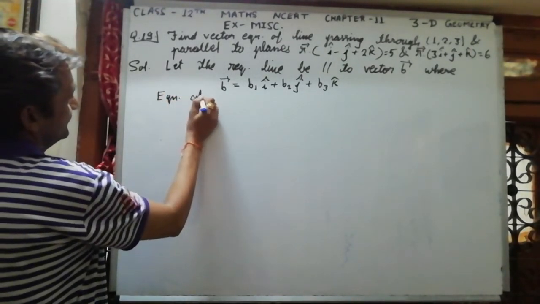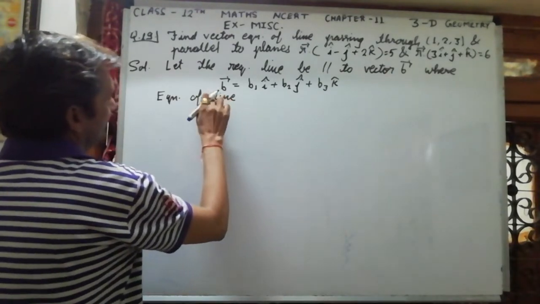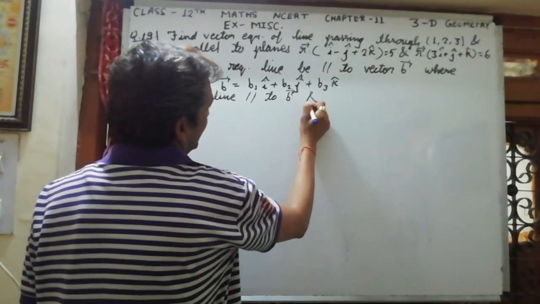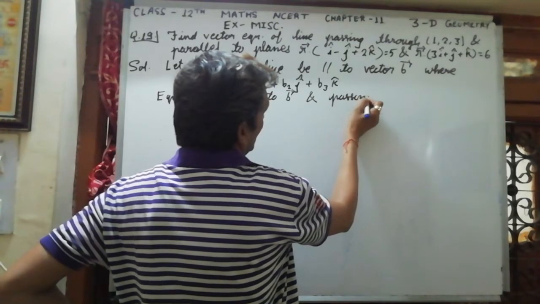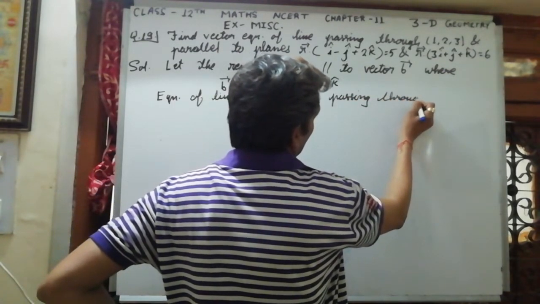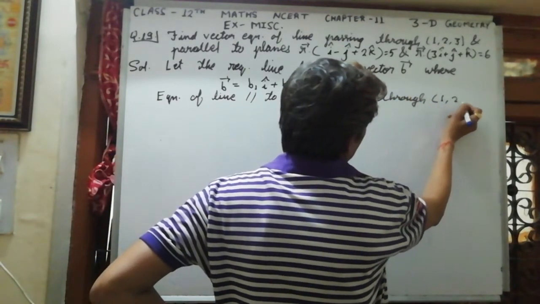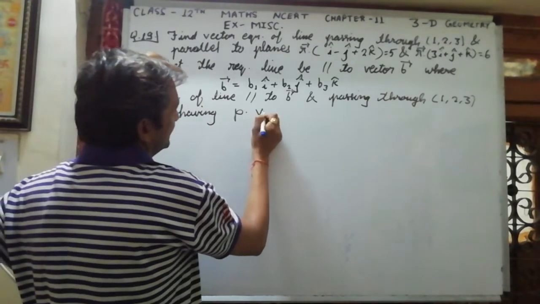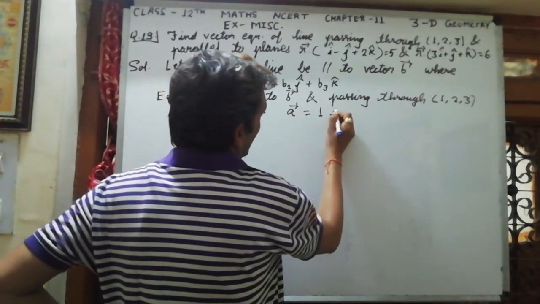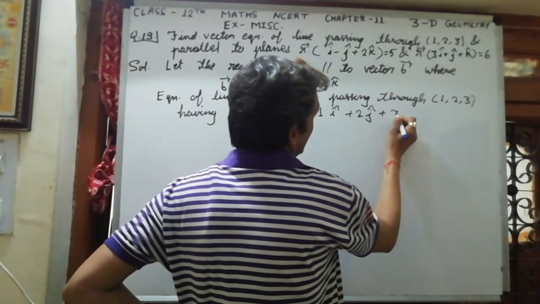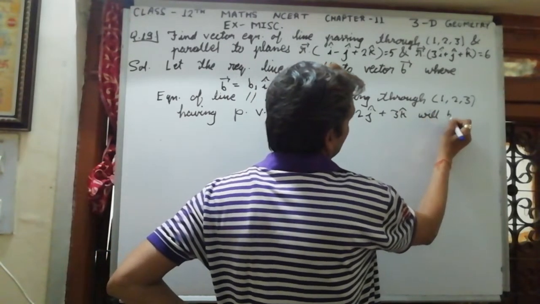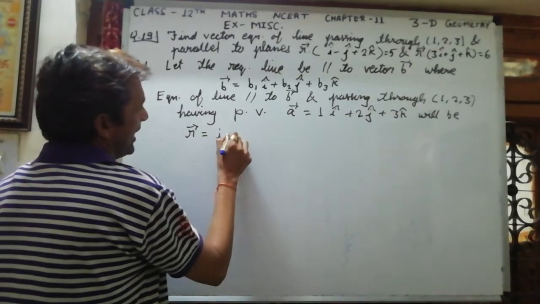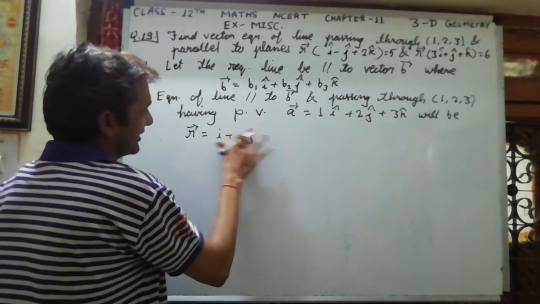Equation of line parallel to b vector and passing through (1, 2, 3), having position vector a equal to i plus 2j plus 3k, will be r vector is equal to a plus lambda b.